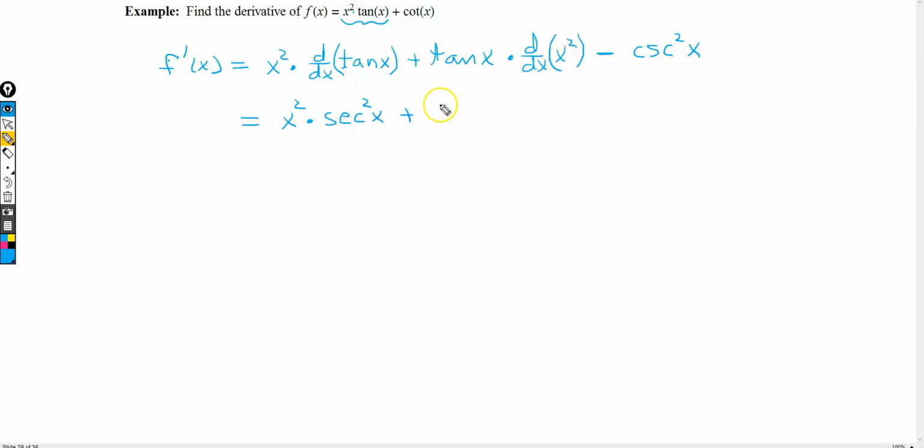Derivative of x squared is 2x, so I'll write this as 2x times tangent x. And then we just have cosecant squared x out here. And that's our derivative. That's all we had to do. Alright, so that concludes this lesson on the derivatives of the trig functions.